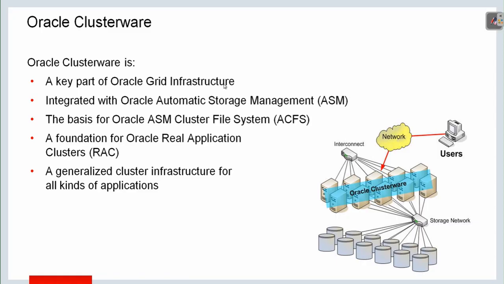You can also register third-party vendor applications in the same cluster, or you can register Oracle-owned applications as a resource of Clusterware. So we can use Oracle Clusterware not only for Oracle-based applications, but also non-Oracle-based applications. That's what we have to understand. So let's move on.